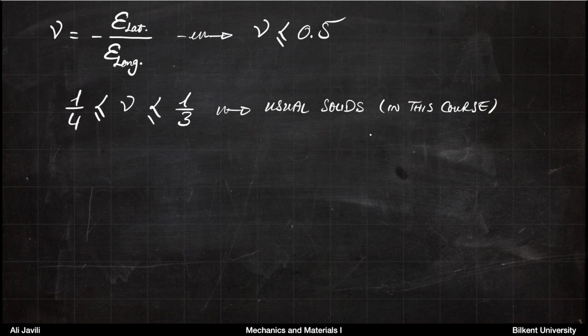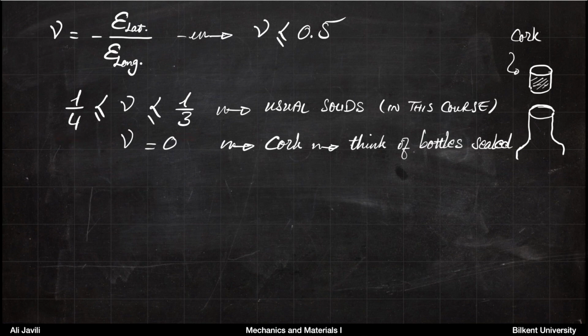Okay, so for usual solids, and in this course definitely, Poisson's ratio is between a quarter and 1/3. For some materials like cork, Poisson's ratio is 0. If you think about where cork is used, we use cork to seal bottles.